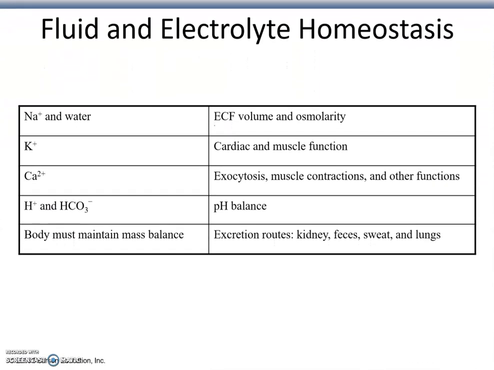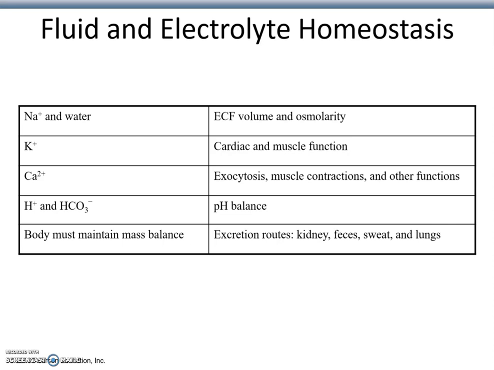So here, this is a review of your fluid and electrolyte homeostasis. You're supposed to know by now that the sodium and water is mostly in the extracellular fluid volume and regulates the osmolarity there. Potassium is mostly on the inside of the cell, so it's intracellular fluid and electrolytes, and it's very important.